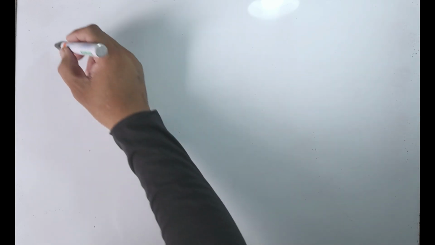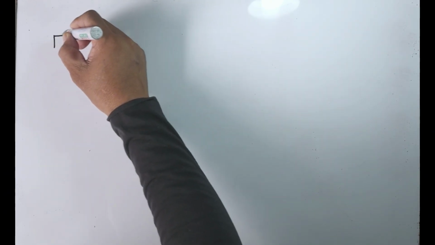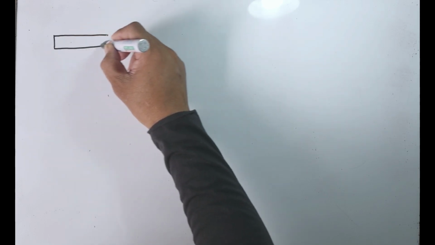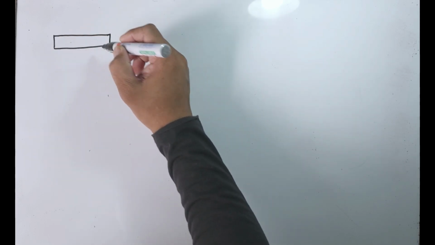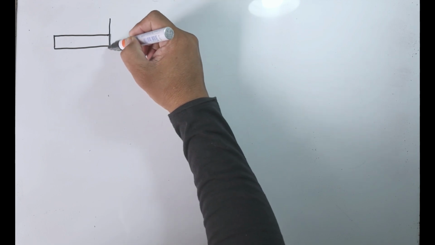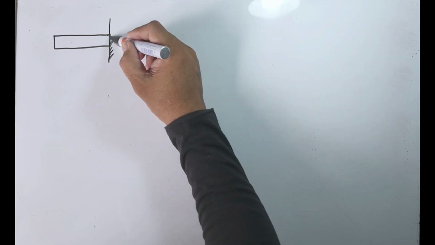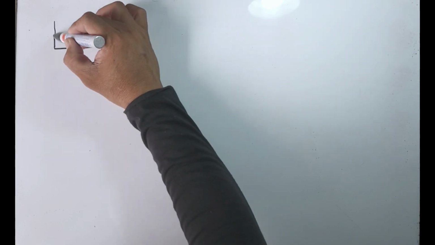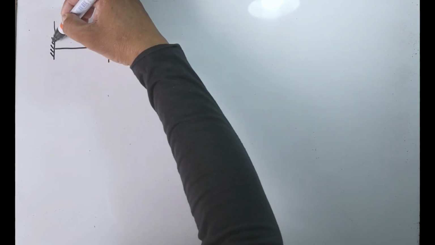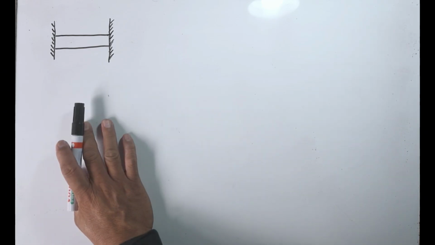Okay, so we have a 6-inch tube that just fits perfectly between two rigid end walls. Rigid meaning it will not allow any elongation or deformation along the length of the tube.